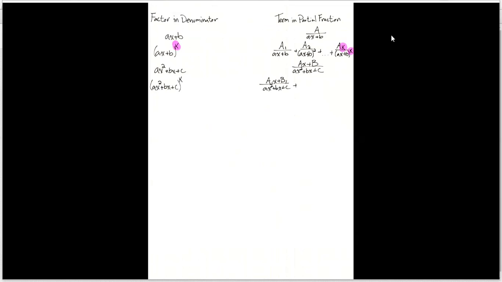And then we're going to keep adding until we get to the kth power. So these k's, again, are matching up, right? And we're adding that many until we get there.